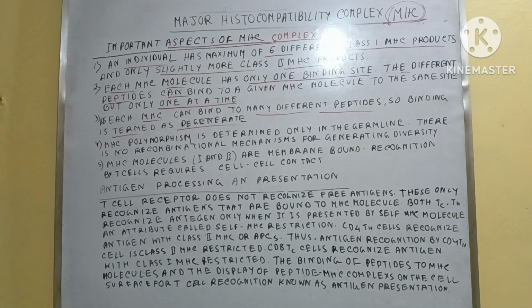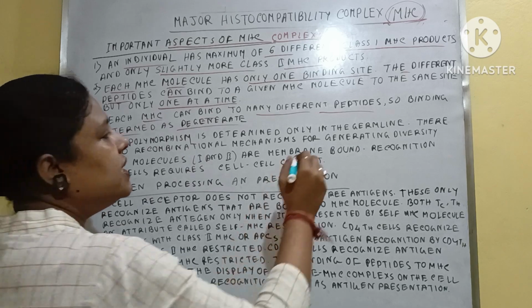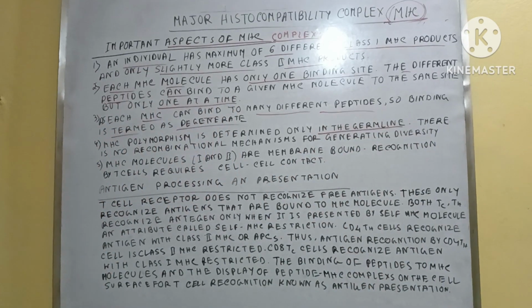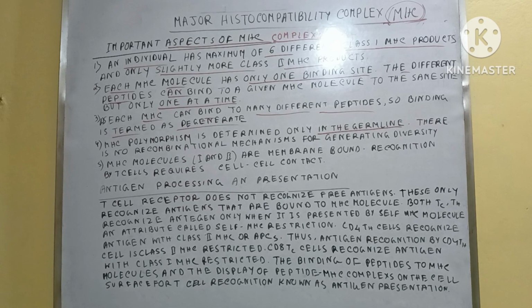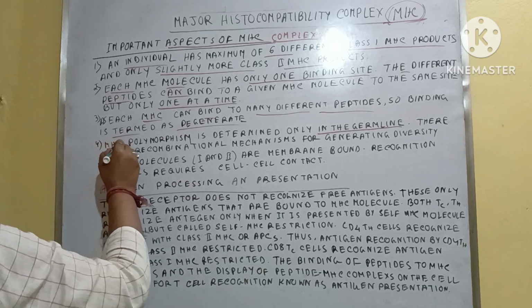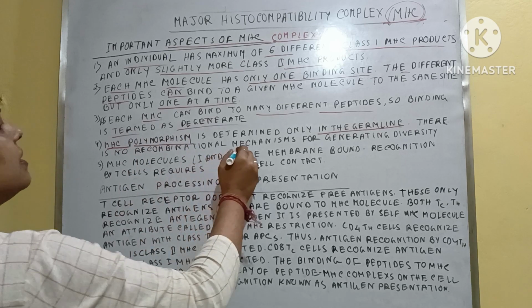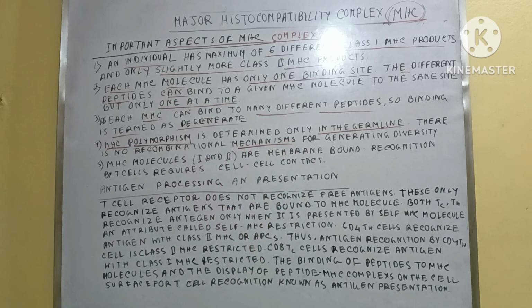Fourth, MHC polymorphism is determined only in the germline. Germline means the embryonic condition. There you can understand that MHC is a polymorphic molecule, but no recombinational mechanism for generating diversity is seen here.